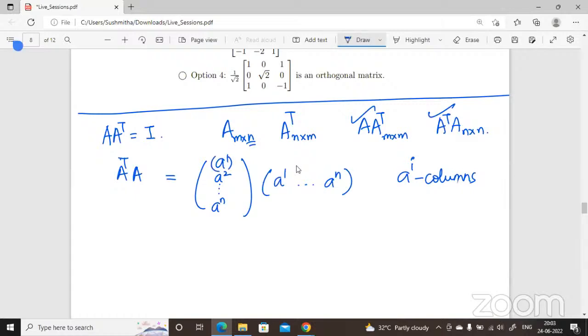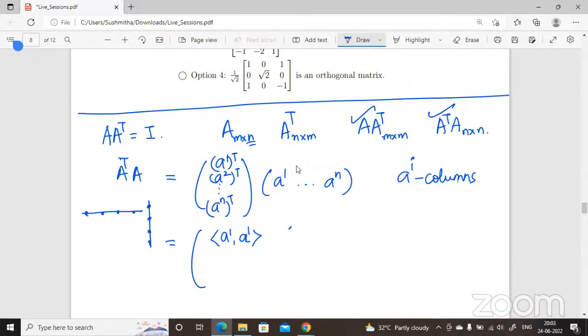So this is going to be A1 transpose, A2 transpose, and so on. The Ais are the columns of A. A1 transpose will be the first row of A transpose. So in this multiplication, you multiply the first row of A transpose with the first column of A, entry-wise. So what are you actually doing there? You're doing the dot product of A1 with A1, right?